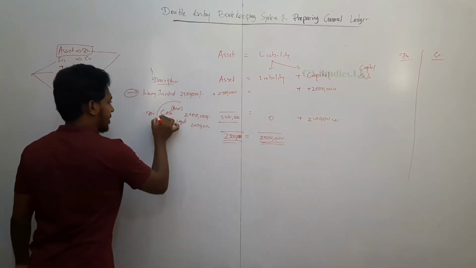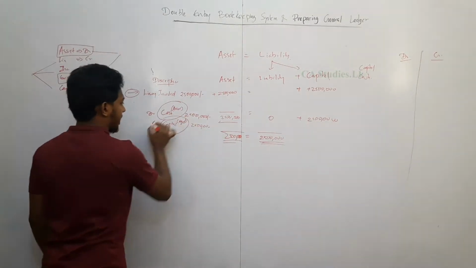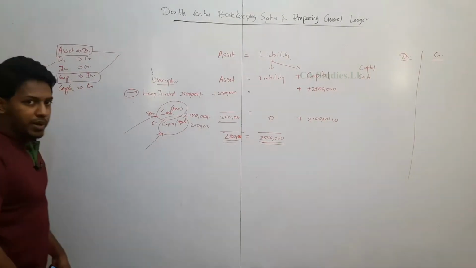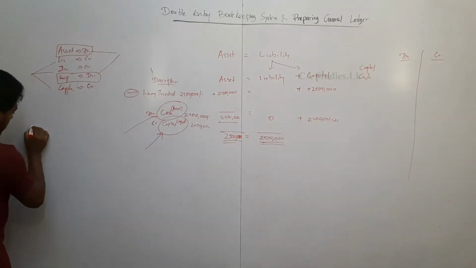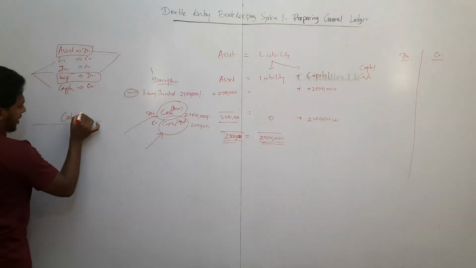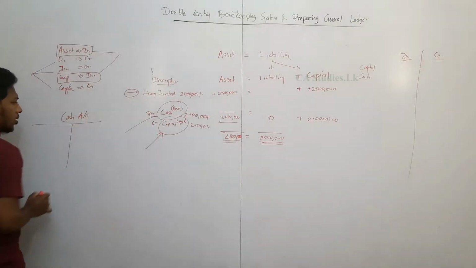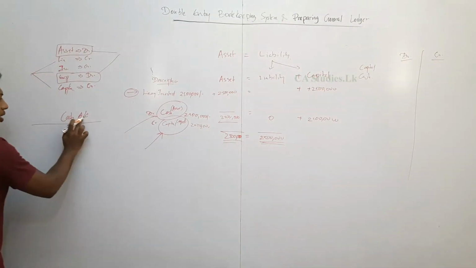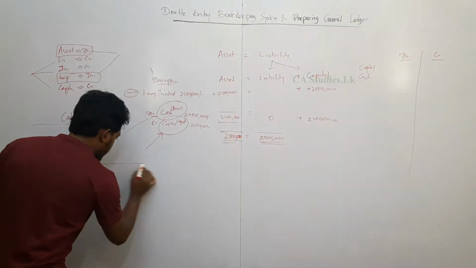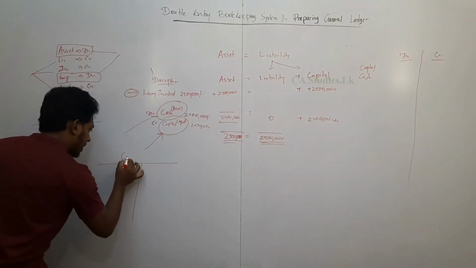Cash is one element. The capital is one item. For these items, we have to open a general ledger, right? See, cash is a general ledger, cash account. Always keep in mind, an account should be there in the general ledger: cash account, capital account.